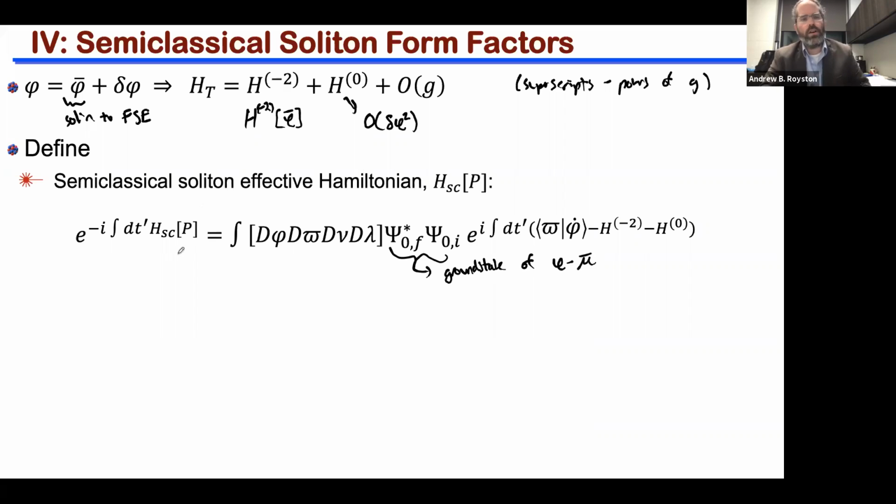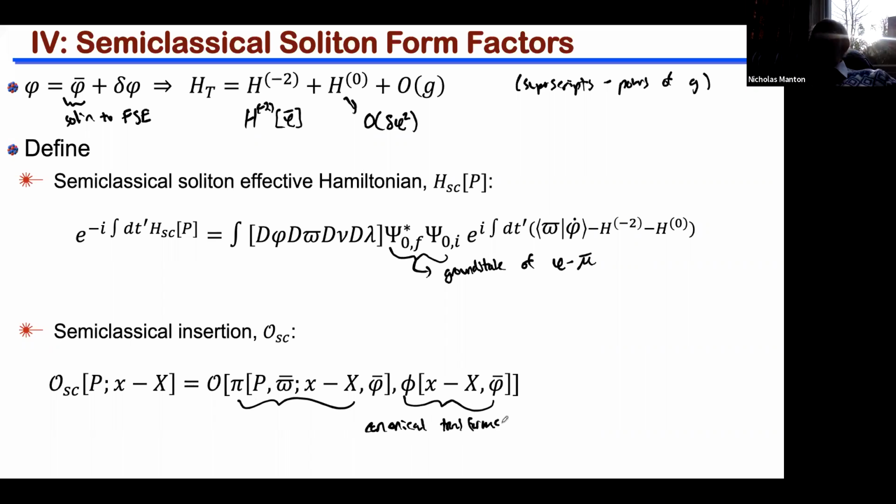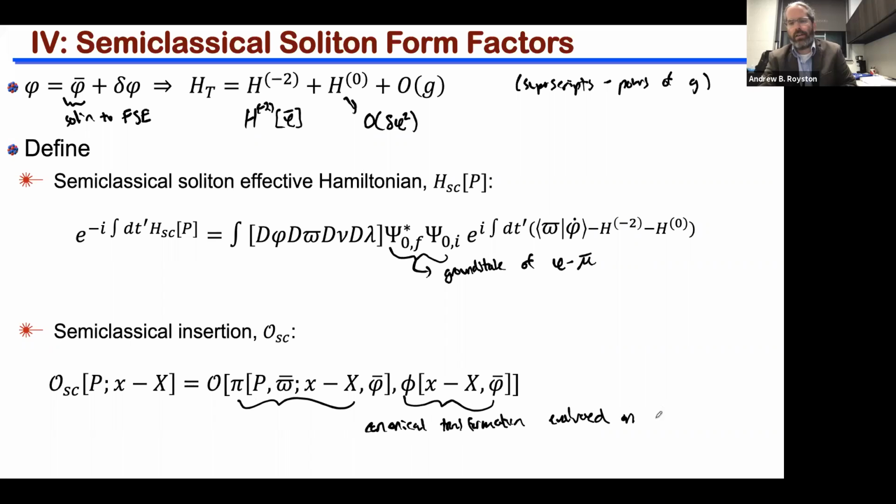That's going to result in a semiclassical effective Hamiltonian for the soliton, which is a function of P. And then the other thing we need is to take our insertion that we want the form factor of, and expand it in g as well. We're just going to keep the leading order term, which we get by taking the canonical transformation from the original variables and evaluating it on the background solution.